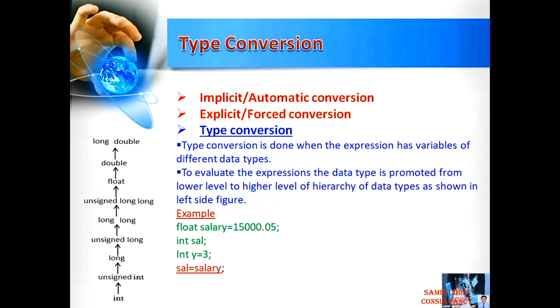To evaluate the expression, the data type is converted from lower level to higher level according to this hierarchy. Here you can see the hierarchy: int, long int, unsigned int, long int. Here is also an example: float salary, int sal. Then int is higher, so salary is automatically converted into sal.